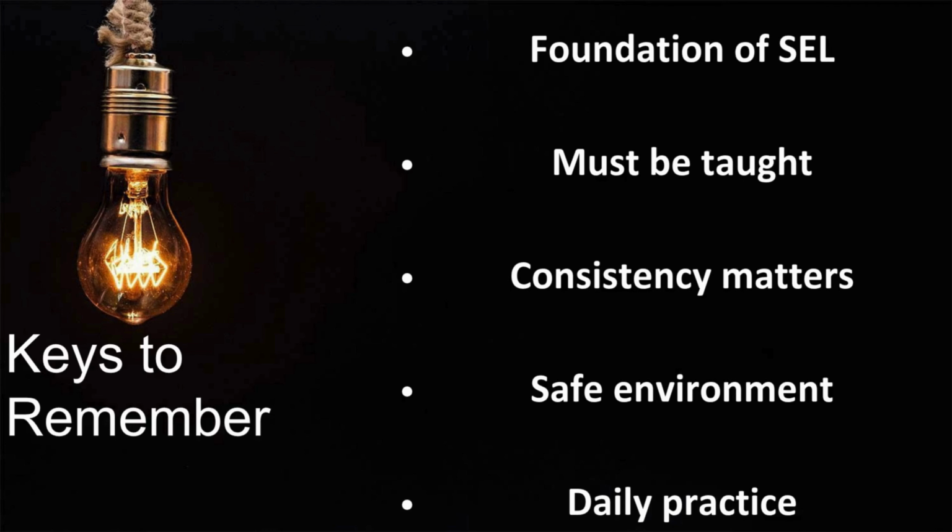If you have to break them up into small groups, maybe this is one of your rotation stations. So you're going to have your parts of speech station, you're going to have your multiplication station, and then you're going to have your self-awareness station. Students are rotating, so you can embed it into your structures as is. And then it's daily practice. It doesn't have to be something major. It could be a warm-up. It could be an exit ticket. It could be a break activity.